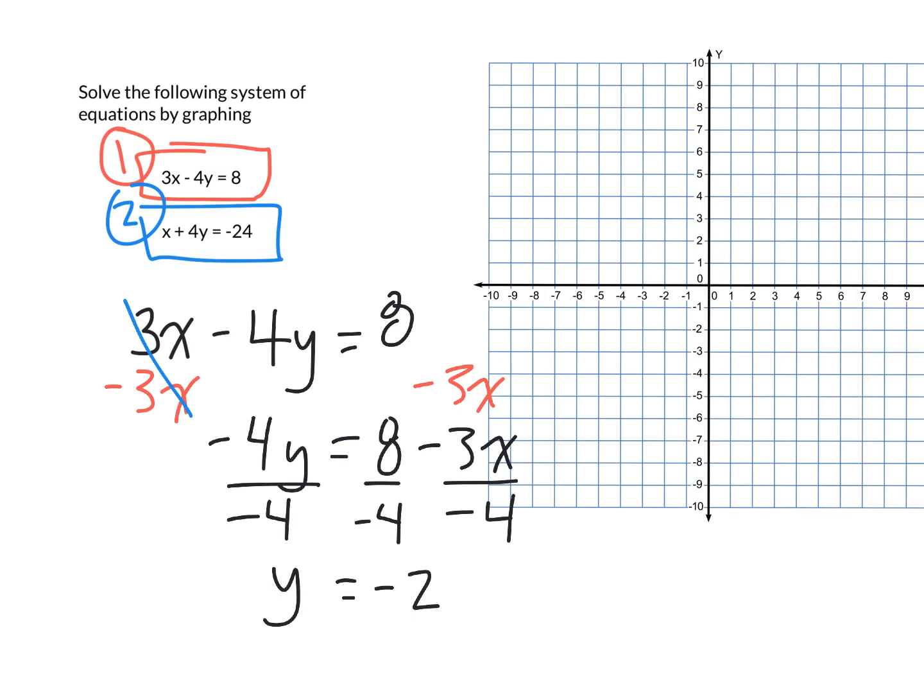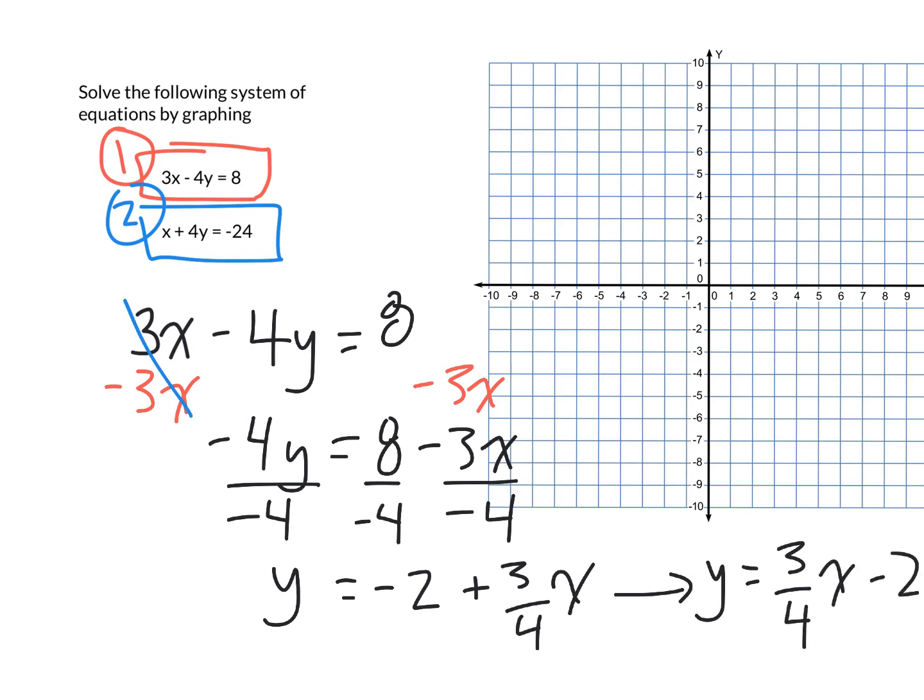And a negative divided by negative is a positive, so it would be positive 3 over 4x. So with an easy and quick rearrangement, this equation can become y equals 3 over 4x minus 2. There's our m term, there's our b term.